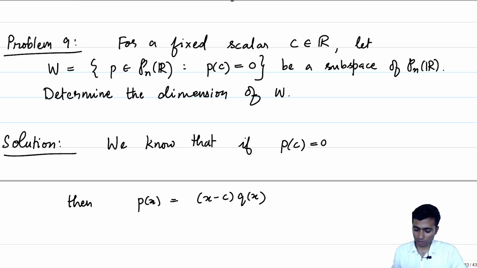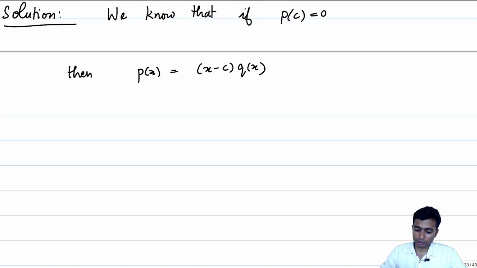So this is exactly what our P of x will look like. In particular, any polynomial of the type x minus c times Q of x will satisfy the condition that it vanishes at c.